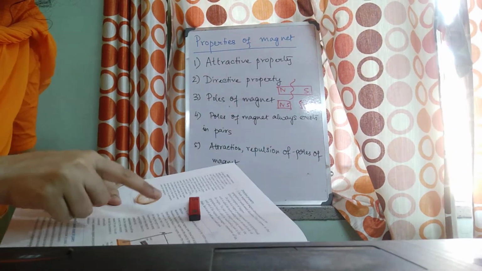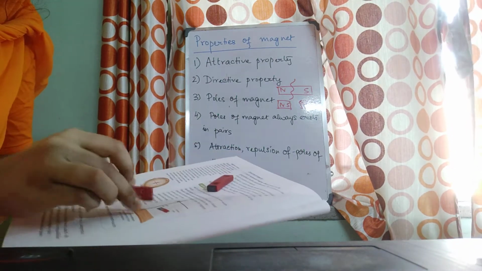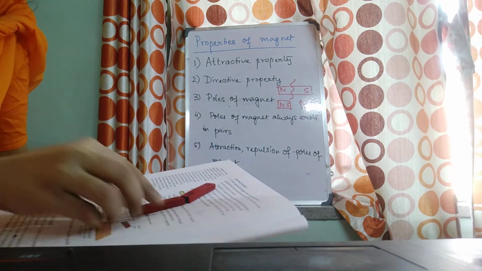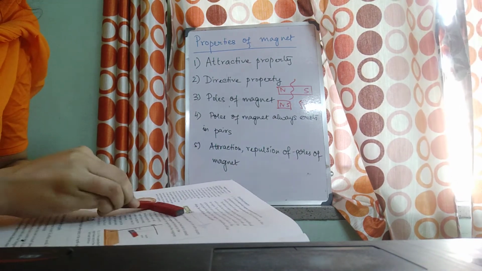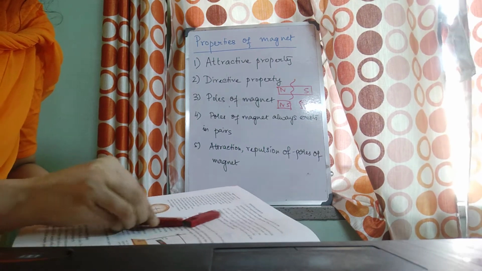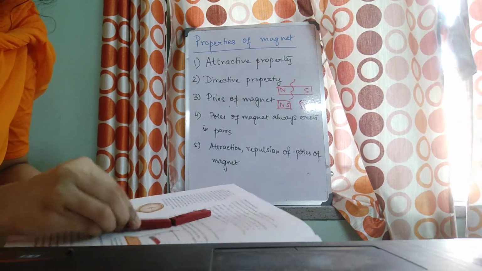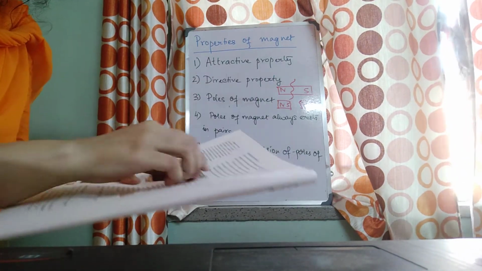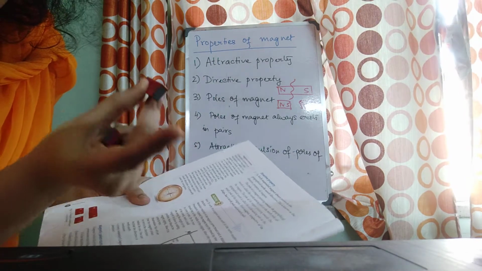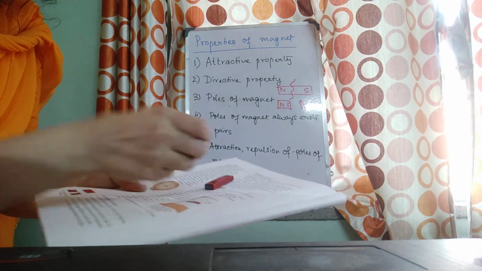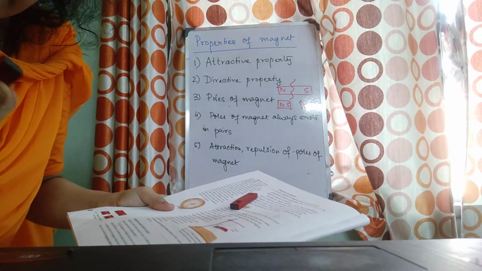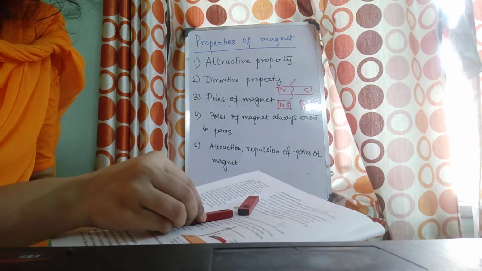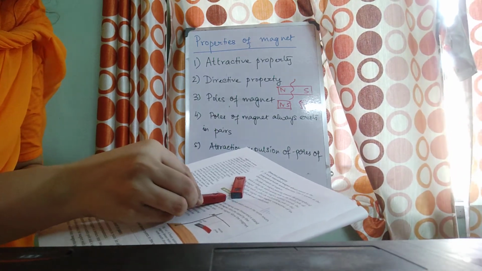You will notice it if I place it in my hand or in this book. See, just see, they are not leaving each other. Why? Because they are opposite poles. Now notice, I am taking the north pole of this magnet also. See, it's automatically moving away. Can you see?